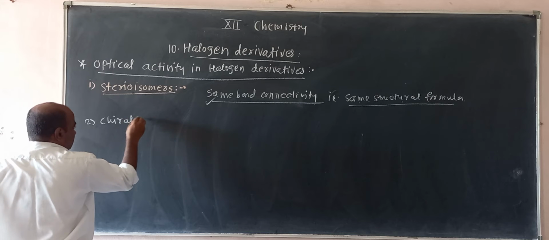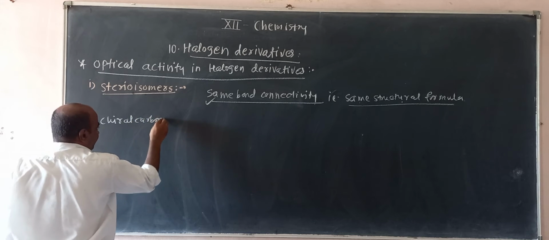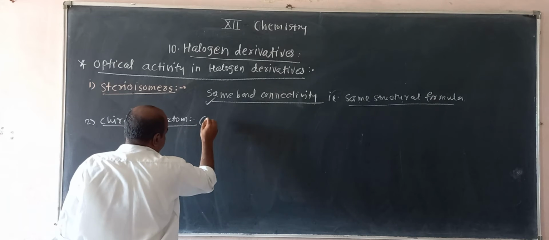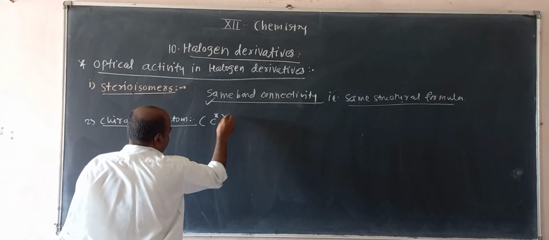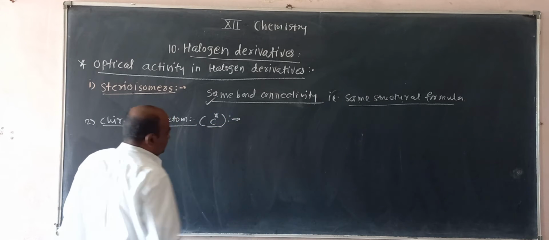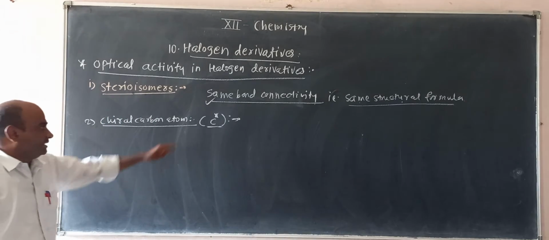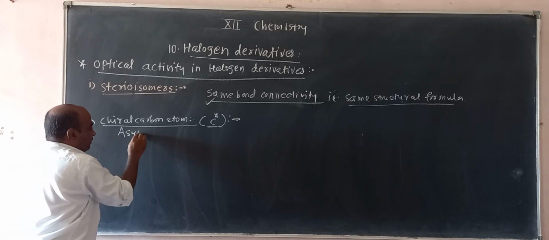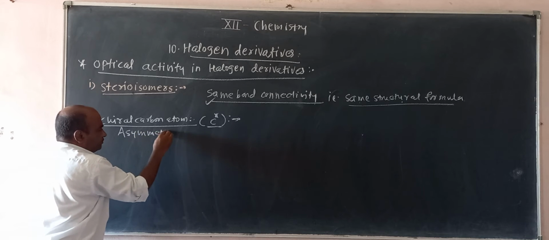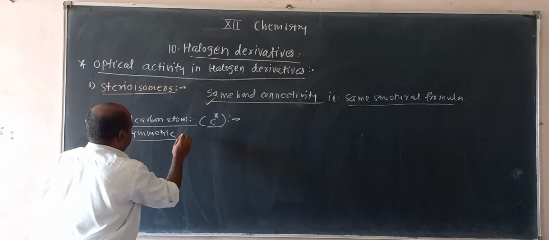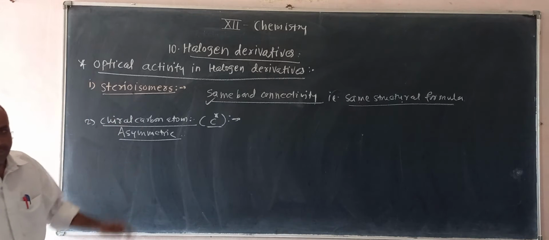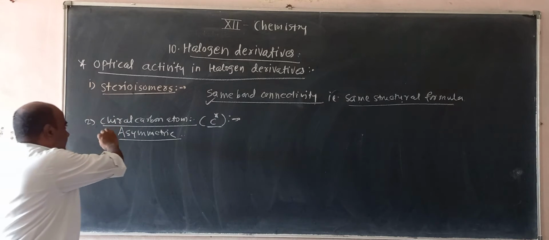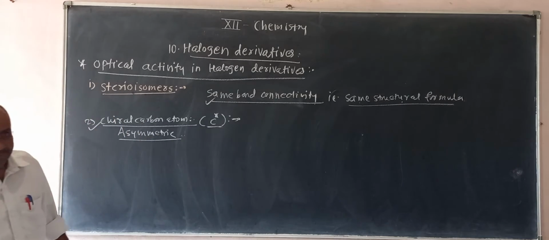Now the second point is the chiral carbon atom. This chiral carbon atom is indicated with an asterisk sign, C star or C asterisk. It is also called the asymmetric carbon atom. What is a chiral carbon atom?